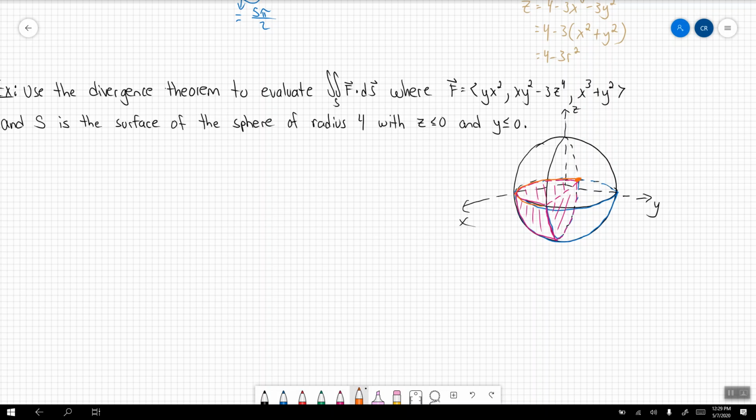So here we are, our theta values are going to be from pi to 2 pi.